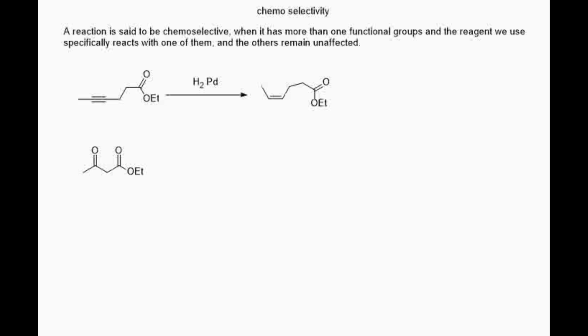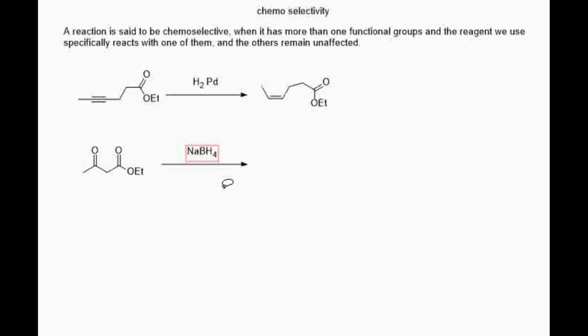So we have a keto group and an ester group in the substrate. Then we add a reagent, in this case NaBH4, sodium borohydride.